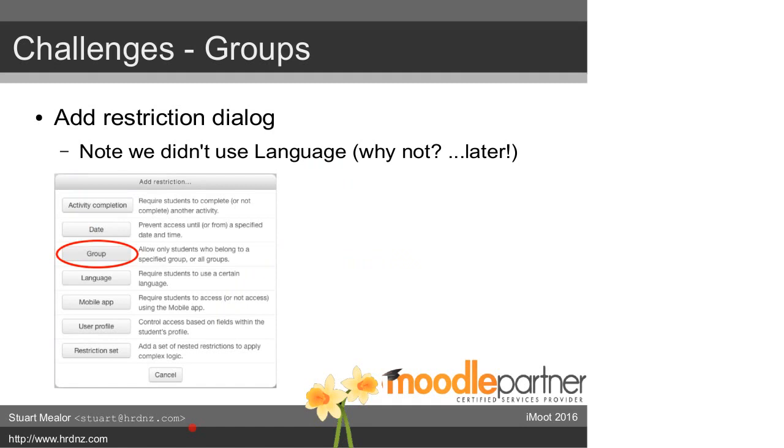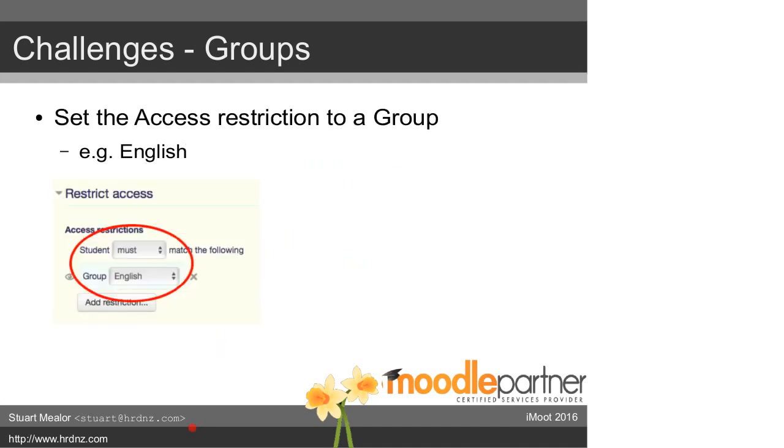We're going to choose group because we want to restrict things to either the French group or the English group. Now, you might ask why we didn't do language. I'll come on to that. We then set under that restriction that the student must be part of the group English or French. And that will then set that topic to be just available for them.